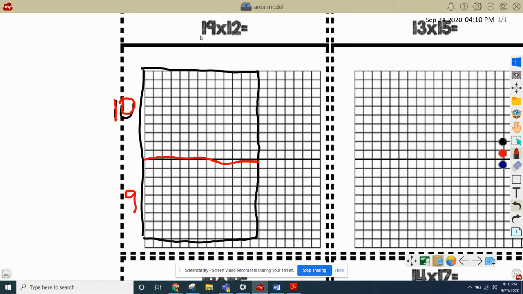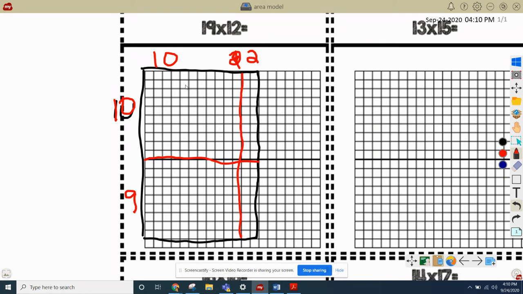And we can break the 12 into 10 and 2. And we separate our box like this. So we didn't change the area of this multiplication problem. We just broke it down into easier problems.